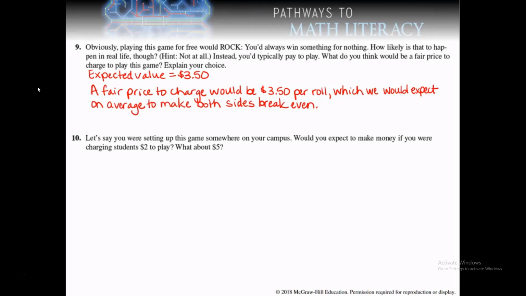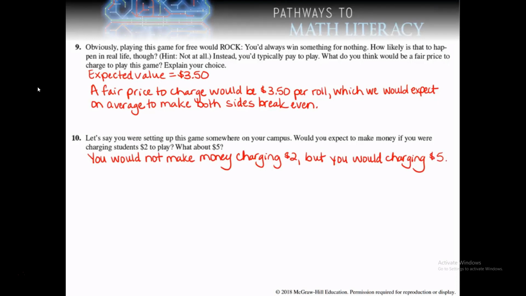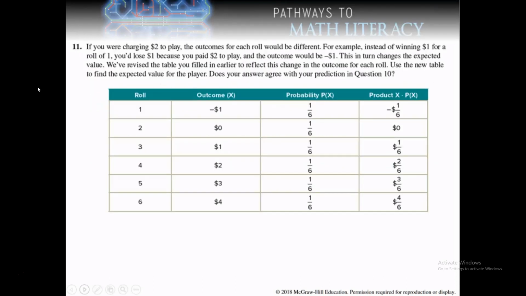In 11, they've redone the expected value table to account for charging $2 to play. So from every possible winning, they've subtracted $2 from the amount won. The probabilities for each are still 1/6, and so that changes the final column where they've multiplied the winnings times the probability.